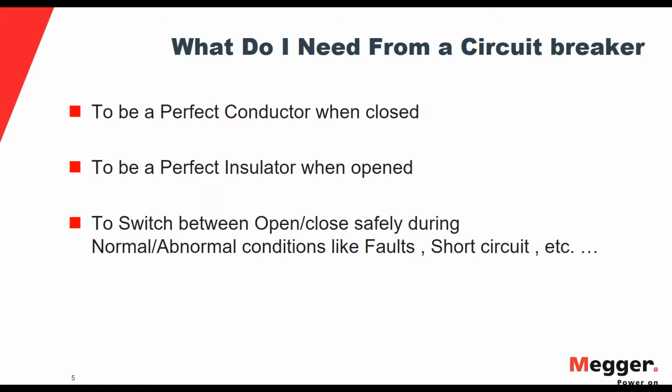And in between, during these two operations, open and close, I need it to break as safely as possible, not only in normal condition, but also in faulty or huge current conditions like short circuit currents. That's why proper maintenance and proper checking of my contact system, the part that carries the current, is a very vital and crucial test to be done.